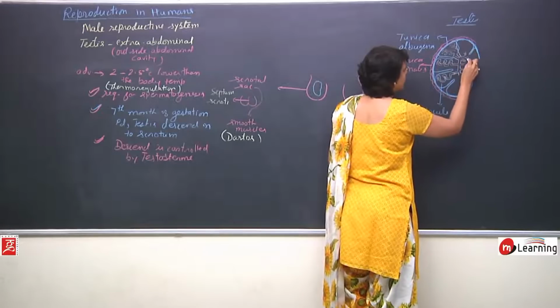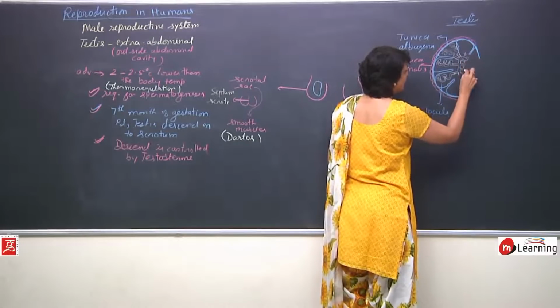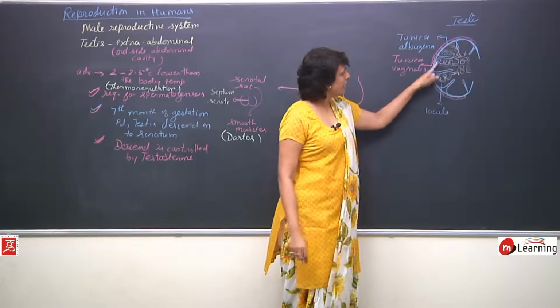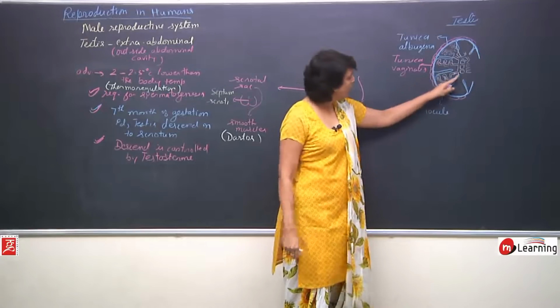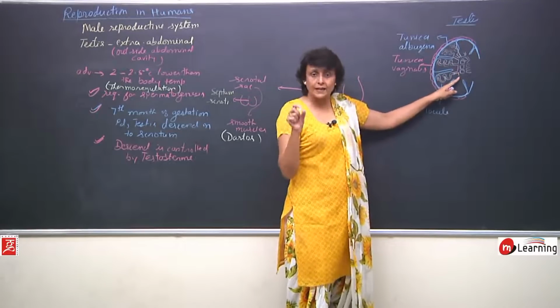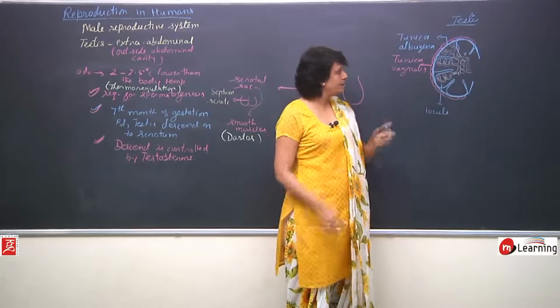Grid is basically a geometric pattern. So we can see here these are highly coiled, and here they become more or less straight, but they are connected to form a grid-like pattern.